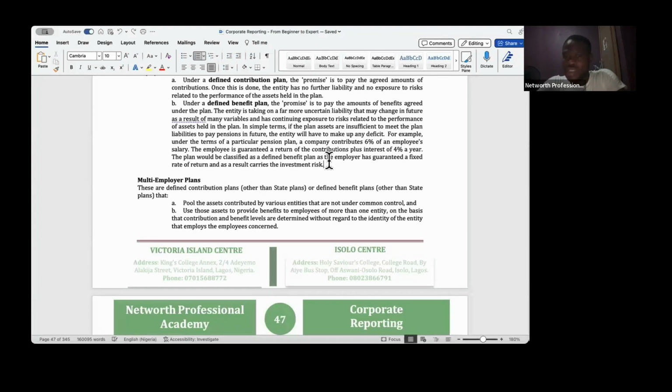Why? Because the employer is going to make a commitment. The employer is going to say that I will pay you a certain amount of benefits when you retire. So either the employer has said in your employment letter, okay, when you retire, don't worry, I'll give you 50 million. Or they say, when you retire, I'll give you 2 million every year.